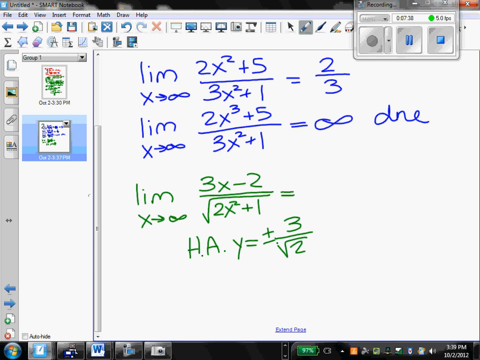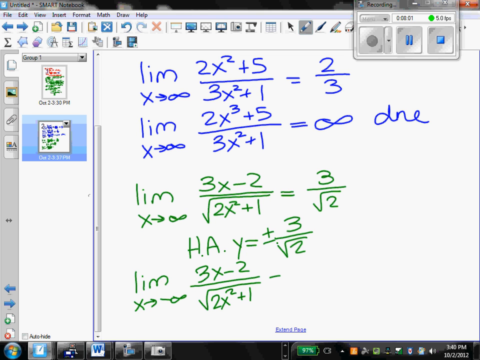As we go to infinity, we're going to approach that positive horizontal asymptote, so my answer will be positive 3 over the square root of 2. As I go to negative infinity, it will approach the negative horizontal asymptote. Now, if I change my function a little bit and it has a negative term, then you might have to do a little bit more investigation to decide which one of those asymptotes it's approaching.